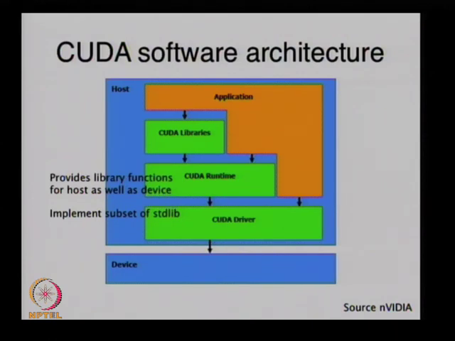Or the application can directly talk with the driver, which will then eventually talk with the GPU. So all the examples that I'm going to show you will just be the library version. You make library function calls, while the magic is happening in the background.